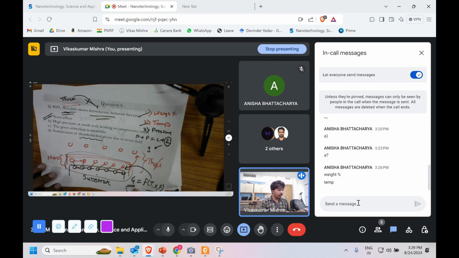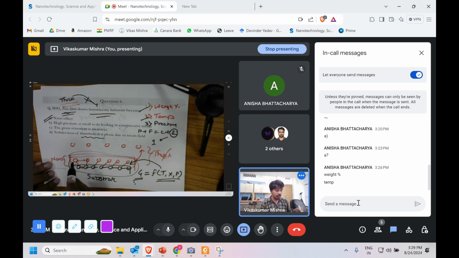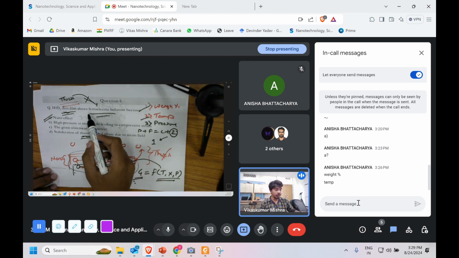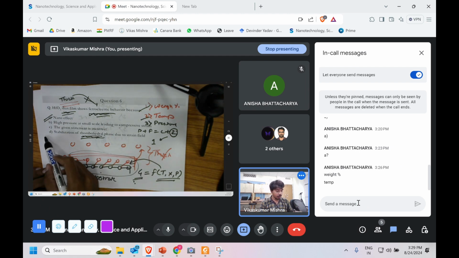But with the effect of pressure at the nanoscale, the rhombohedral phase has also appeared, and this is the one which is responsible. This phase shows the ferroelectric behavior, because here the charges are in such a way that their centers are not lying on top of each other, not overlaying, and that is what contributes toward this ferroelectric behavior.